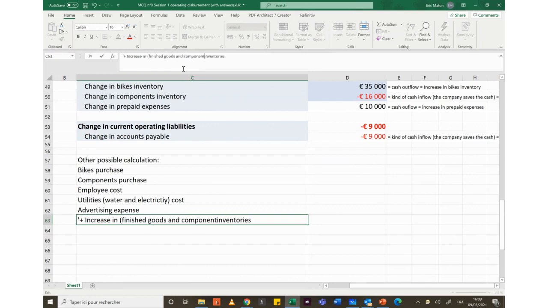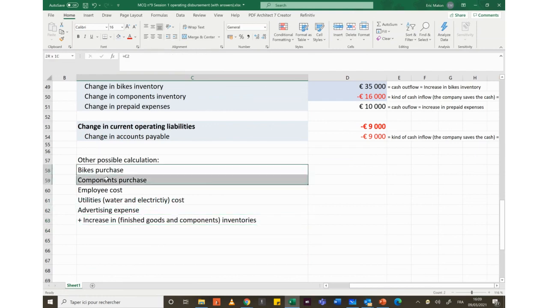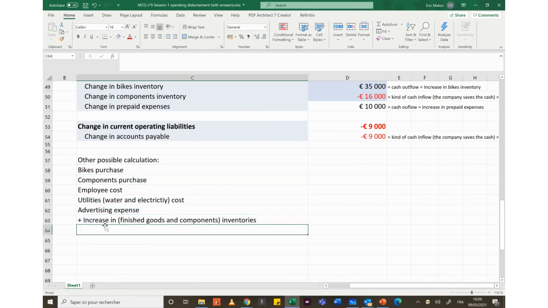So I put directly all the inventories because I start from the purchases. After, I have plus increase in prepaid expenses. I have to pay for that. It's not already included.